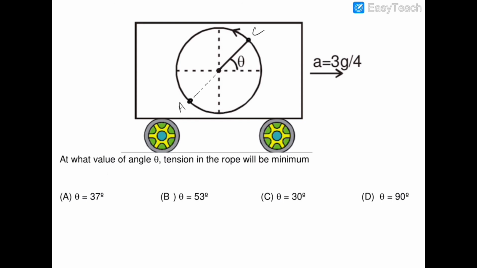The equilibrium position in this question is point A, and therefore at position C the tension will be minimum, and that minimum tension will be 0. Now this angle theta, we have already calculated, is 53 degrees. So the correct answer will be option number B.